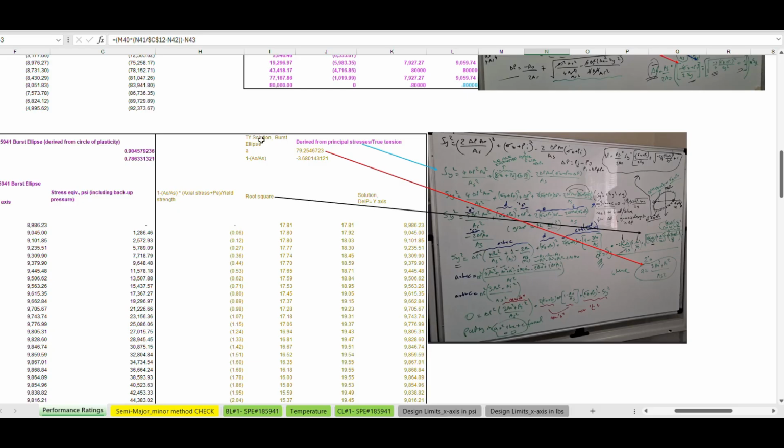As you could see, I used the same von Mises yield criterion and the same principal stresses. However, this time I rewrote P internal pressure as external pressure plus the delta P, and that's why I was able to express the delta P as a function of axial stress plus the backup pressure, which is the external pressure in this case for burst.